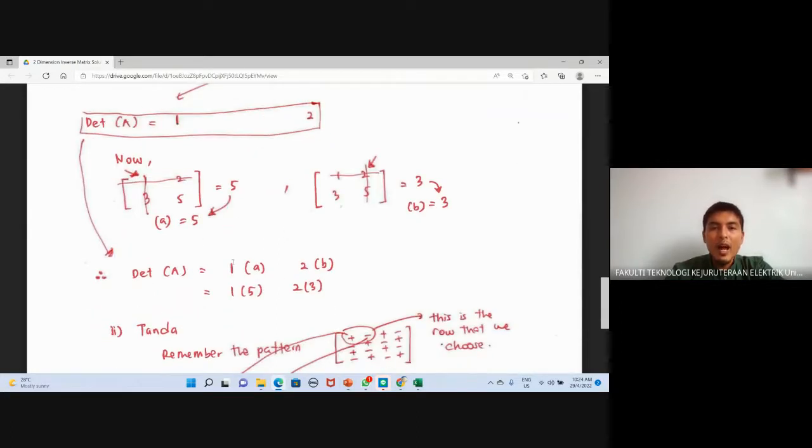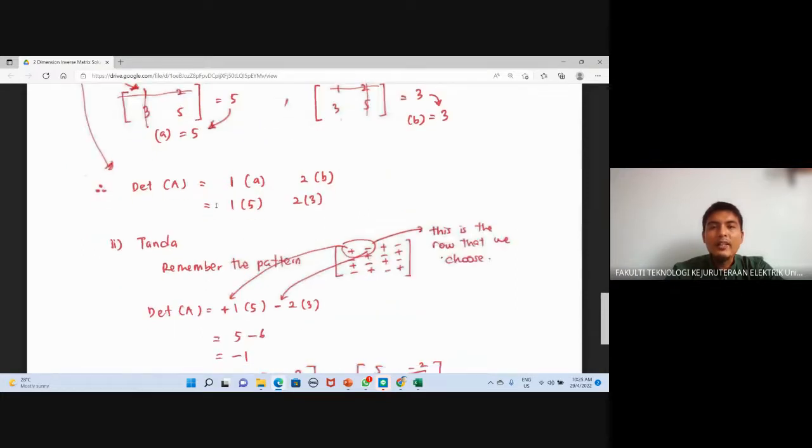Since I choose 1 and 2, after I tutup 1, the answer is 5, which refers to A. After I tutup 2, the answer is only 3, which means B. So what I need to do is multiply 1 with 5, and 2 with 3.